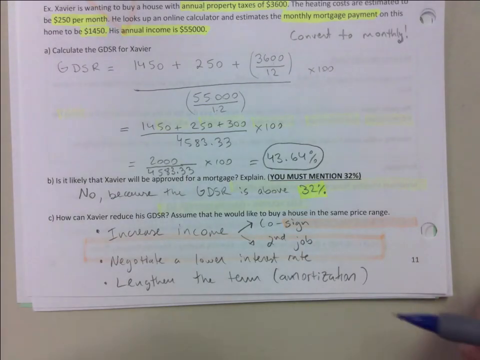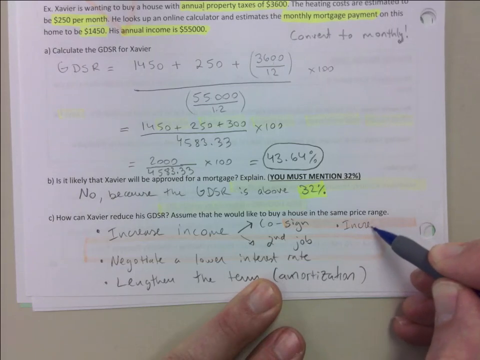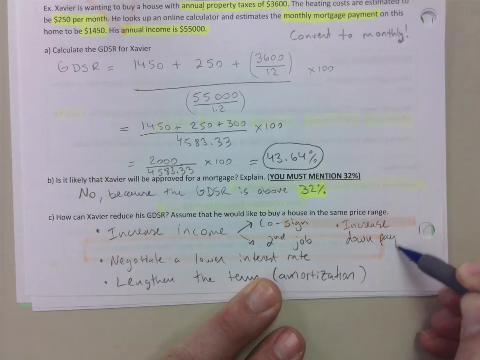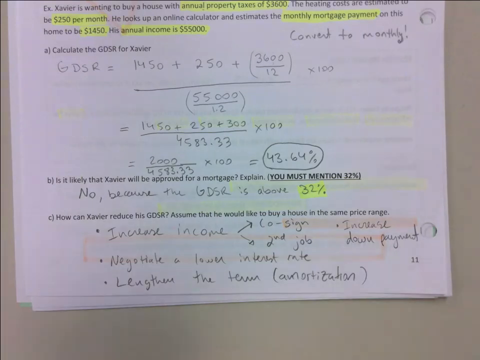You know what? I forgot something. Increase the down payment. Because if you increase your down payment, your monthly mortgage payment will go down, right? So you can change that.